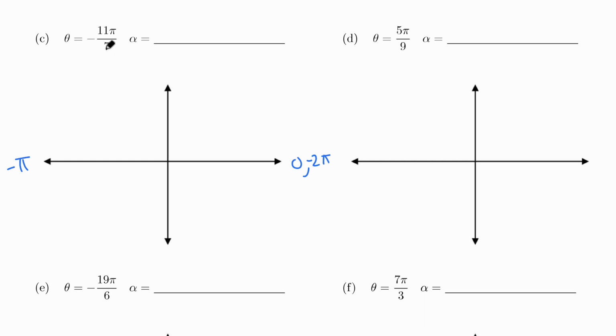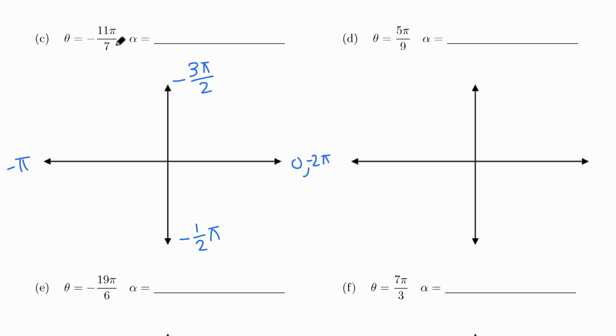This is bigger than 1 pi, and if we go clockwise, negative pi over 2, half pi, negative 1 pi, and this is negative 1.5 pi. That is 3 pi over 2, negative 3 pi over 2.